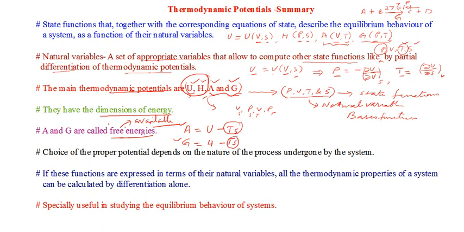So A and G are also known by another term in engineering science. They are also known as exergy, and that's quite an interesting term. Exergy, because it rhymes with entropy and energy.